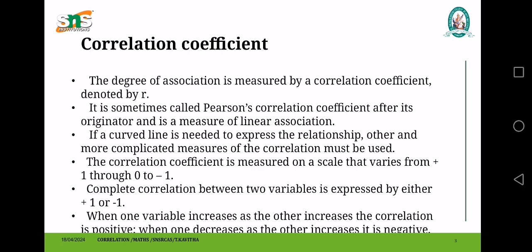The correlation coefficient is measured on a scale that varies from +1 through 0 to -1. Complete correlation between two variables is expressed by either +1 or -1. When one variable increases as the other increases, the correlation is positive. When one decreases as the other increases, it is negative.